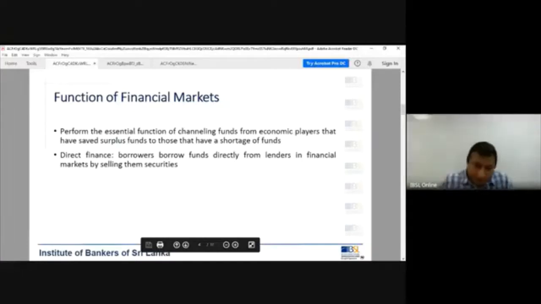So when the financial market is there, you don't need to go through intermediaries and all that. If you are capable, you have knowledge, you have particular skills and arrangements, you yourself issue securities in the market.